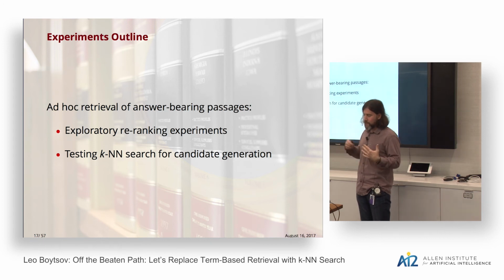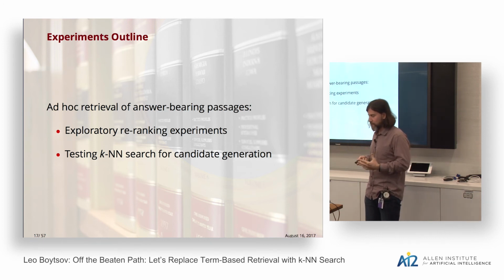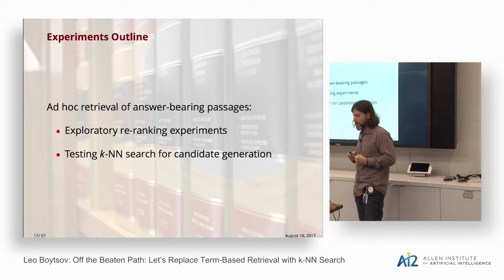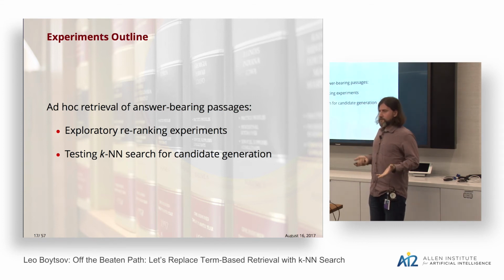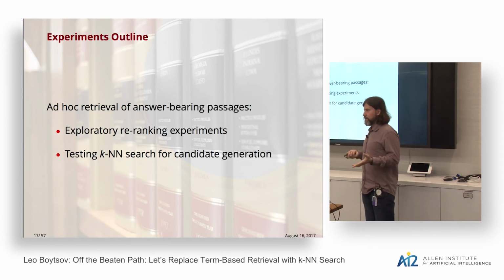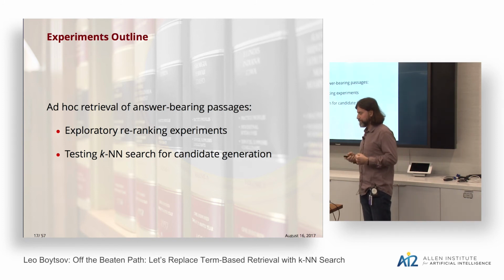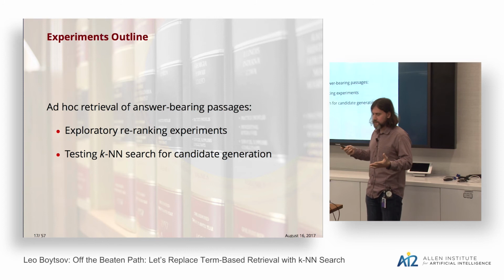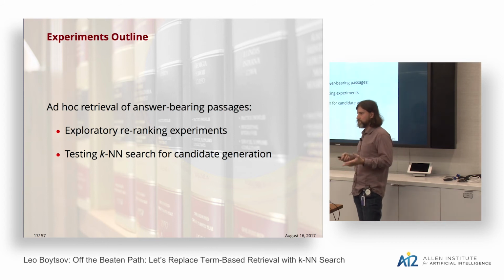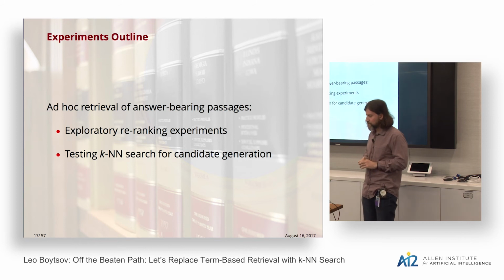But I also may have passages that are not associated with any questions. I run 2 sets of experiments: exploratory ranking experiments to figure out which similarity models work well, and also actual tests where I measure efficiency-effectiveness trade-offs of the candidate generation approaches, including methods for k-NN search.